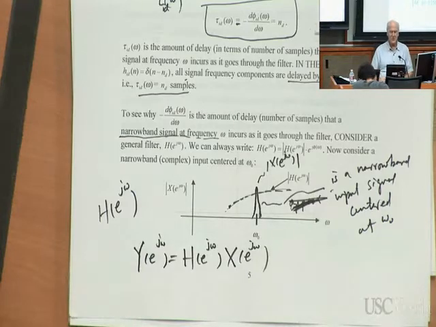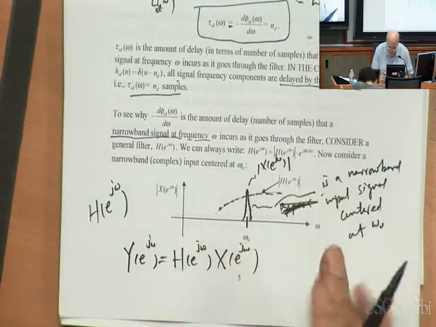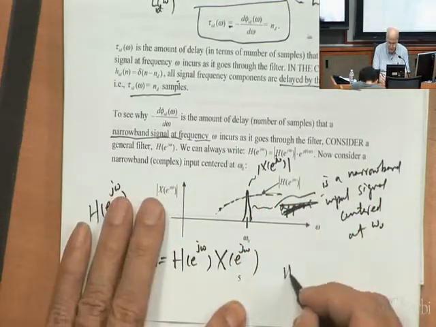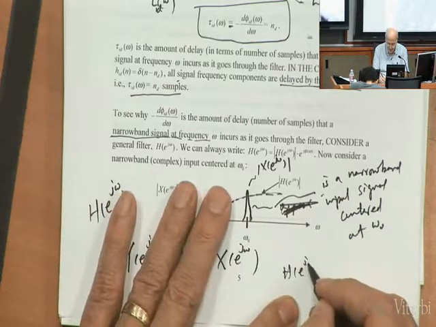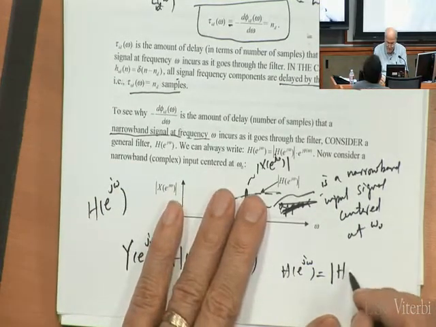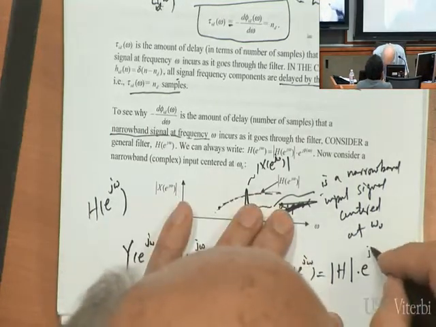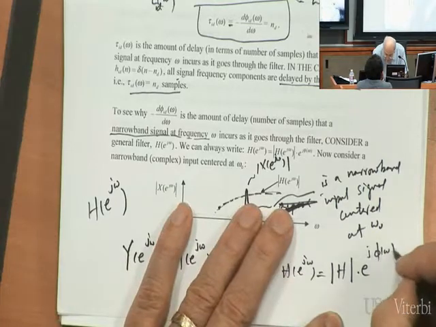Just some arbitrary sketch. So we can always write H of e to the j omega as the magnitude of H times its phase, e to the j phi of omega.